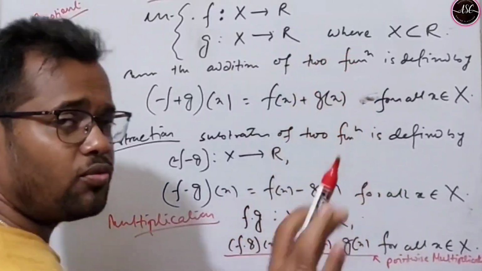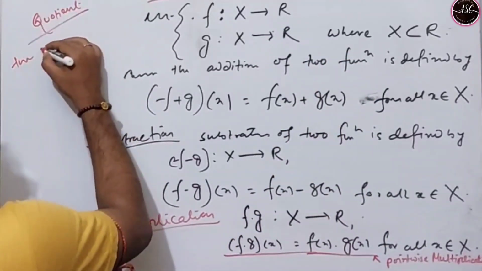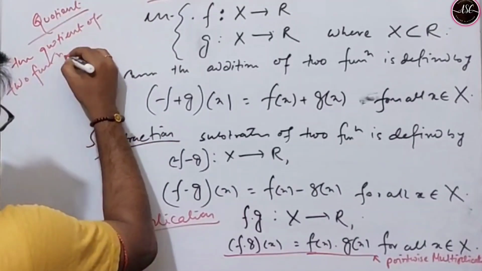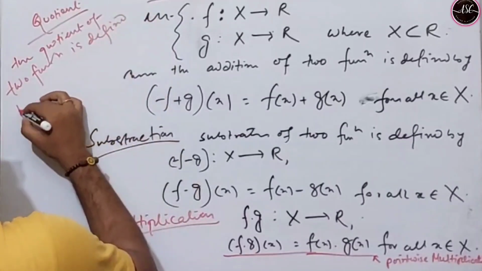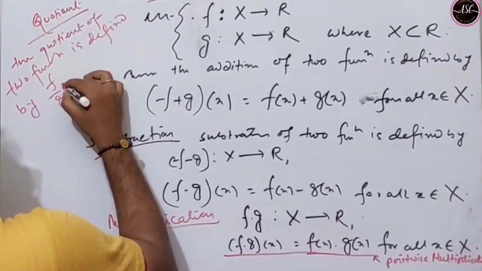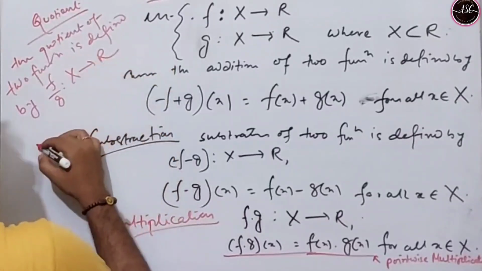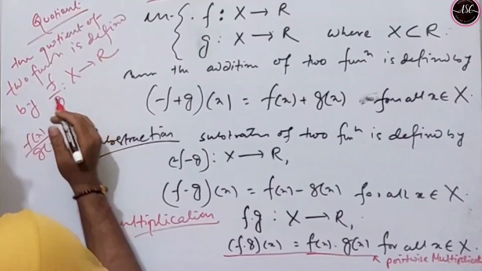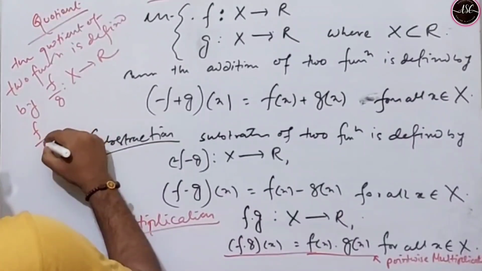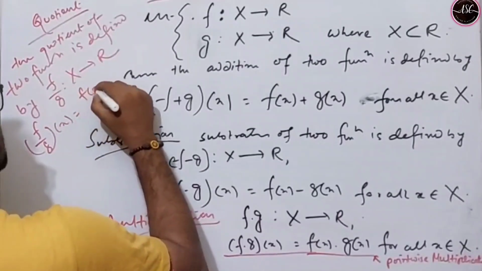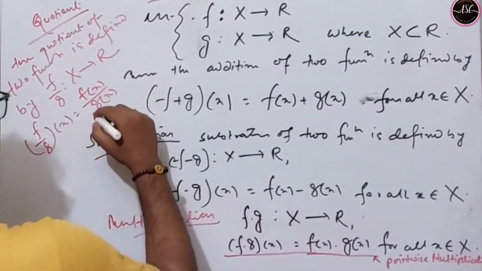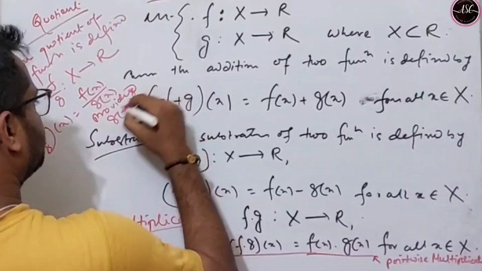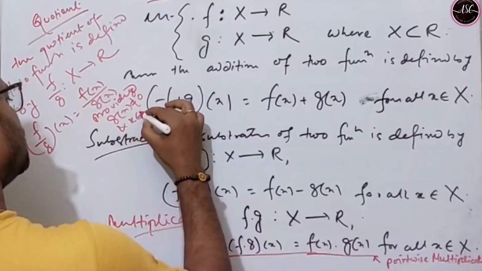Let f(x), g(x) be two functions, X a subset of R. Then the quotient of two functions is defined by f by g, such that capital X tends to R, that is (f by g)(x) equal to f(x) by g(x), provided g(x) is not equal to 0, for all x belonging to capital X.